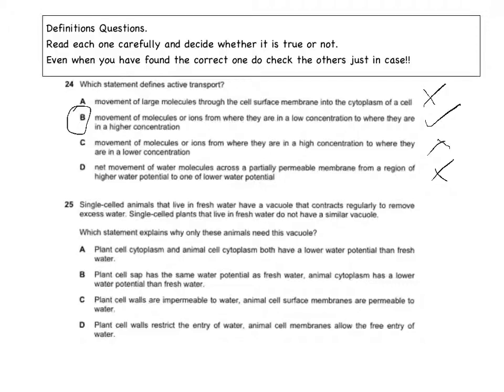Well, that's true, but it doesn't explain this phenomenon, so no. Plant cell sap has the same water potential as fresh water. Animal cytoplasm has a lower water potential than fresh water. Nope. Plant cells are impermeable to water. Nope. And so this last one, plant cell walls restrict the entry of water. Animal cell membranes allow the free entry of water. Yes, please. So the answer is D.